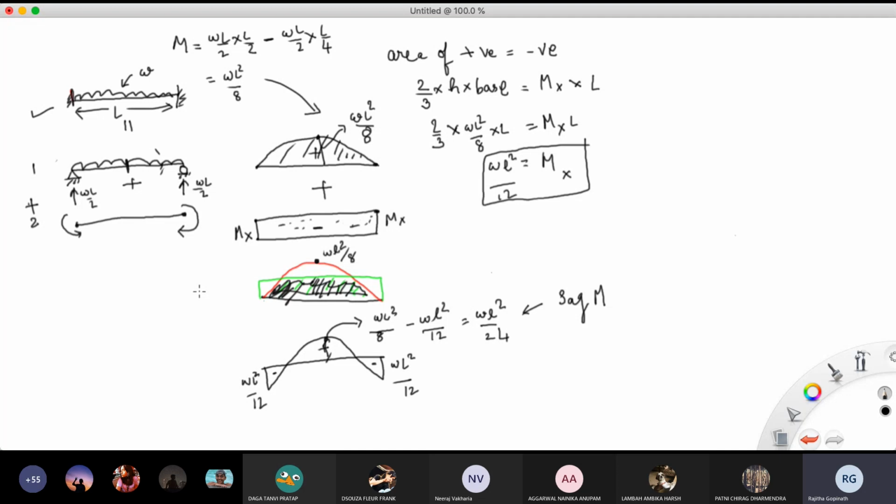So since that is the condition, we try to make it like first year first semester beams, so that we can individually solve them. Individually solve and then overlay them one on top of another, and then you find out the final bending moments. Okay, that is the idea.